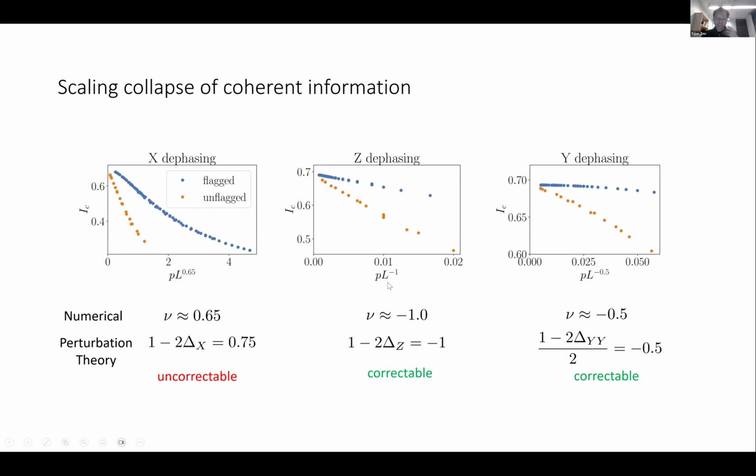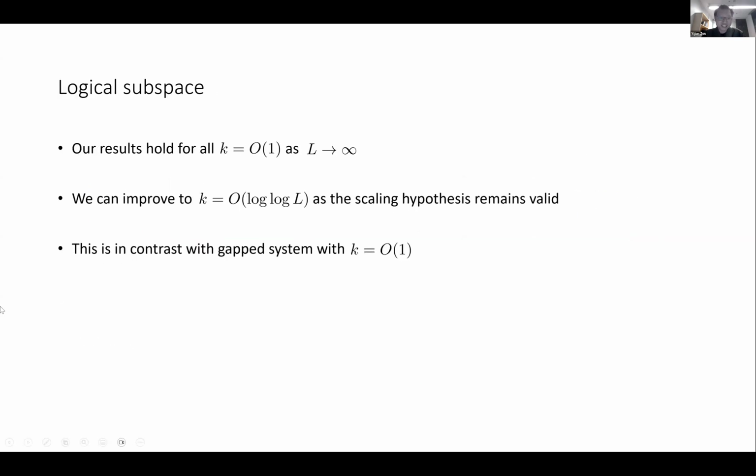This exponent being positive or negative simply means that when you increase the system size, the coherent information becomes larger or smaller. So for the X error, if you increase the system size, the coherent information becomes smaller. But for Y and Z, the coherent information becomes larger. That is what we have numerically confirmed. And as I just answered Wenwei's question, you can make the logical subspace a little bit larger than order 1, but not too much.